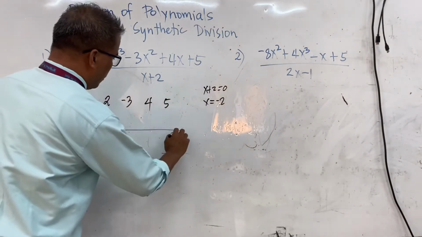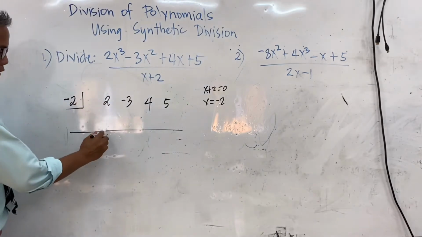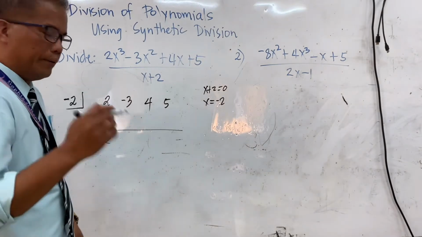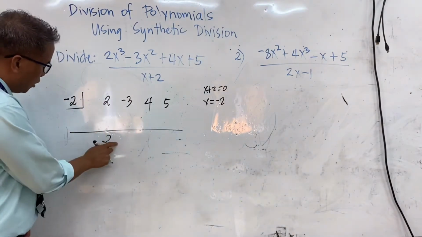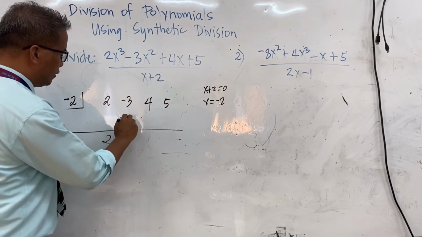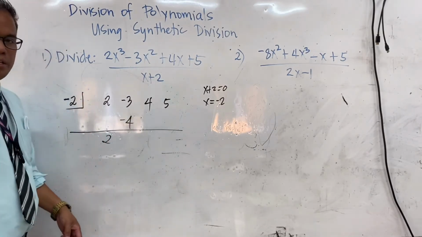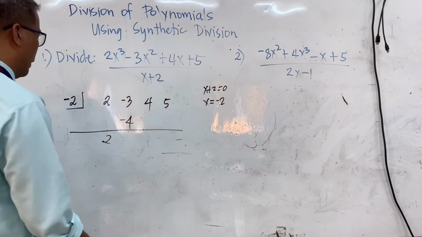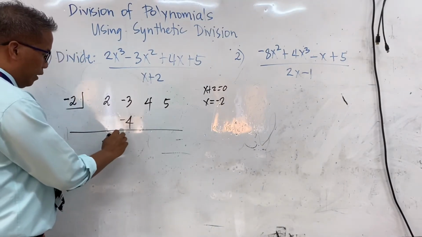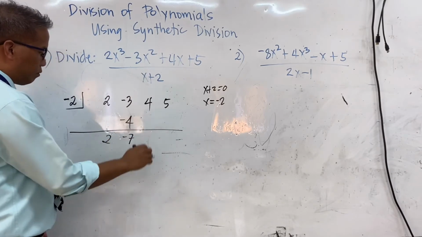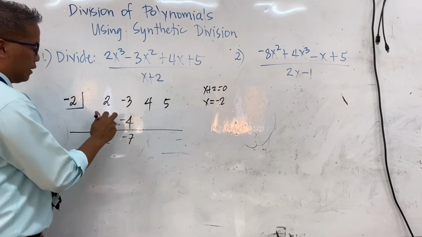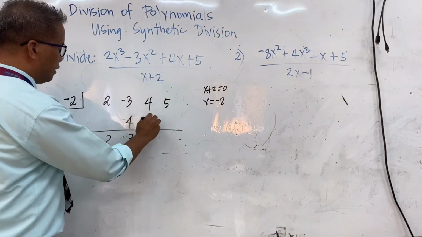First, bring down 2. Then multiply 2 times -2, we have -4. Then we add -3 plus -4 equals -7. Then -7 times -2, the answer is 14.